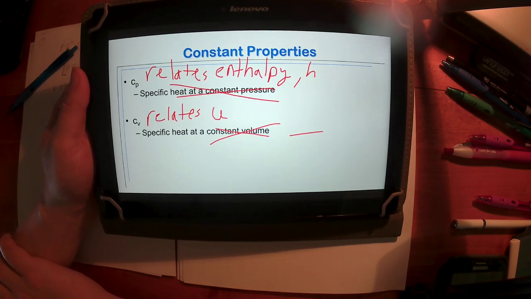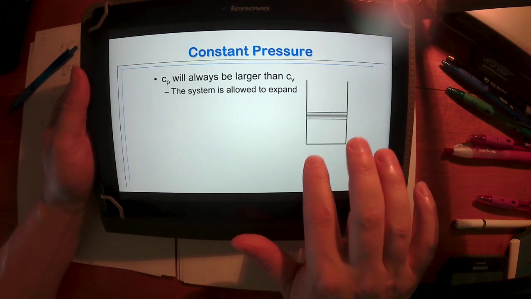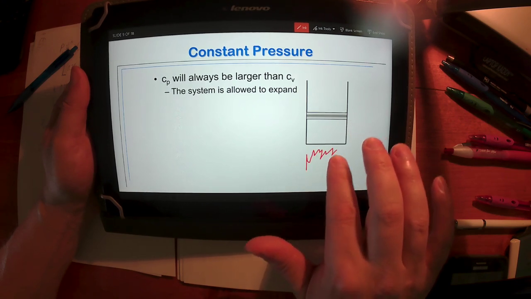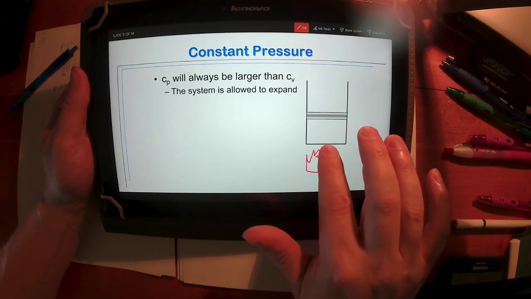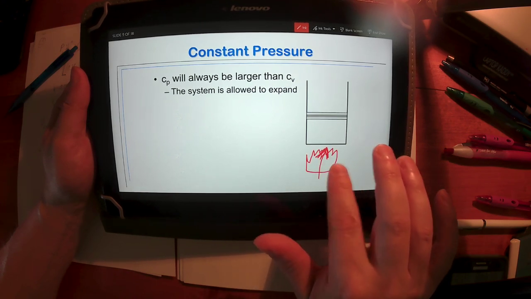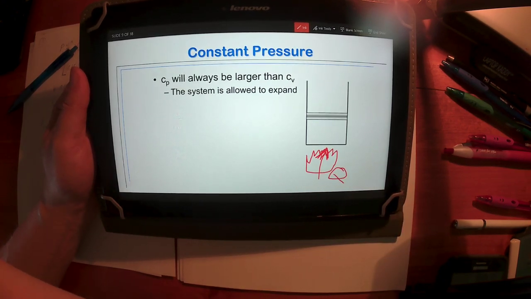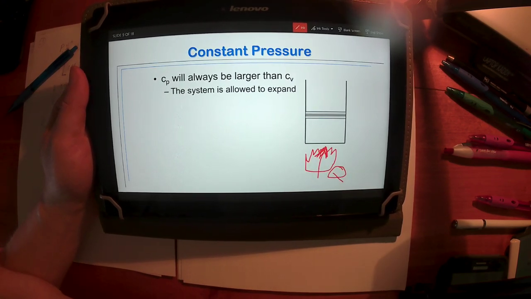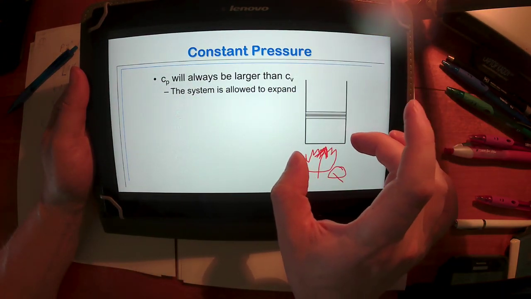So if we assume the pressure is constant and I heat a substance up, say with some kind of fire providing heat into this cylinder, and the pressure is constant, that means something's going to happen. If I heat the cylinder up, what happens to the air inside?